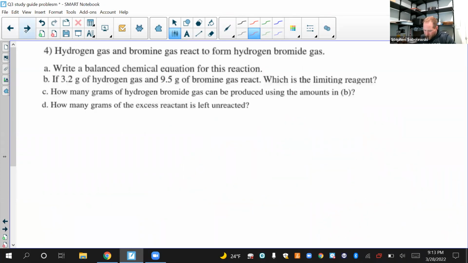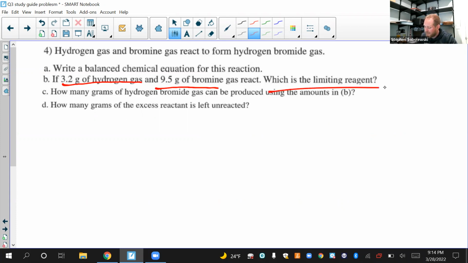Okay. Question 4. Hydrogen gas and bromine react to form hydrogen bromide gas. So we're doing a balanced equation. This is going to be a limiting reactant problem. I can tell because we're given the mass of hydrogen and the mass of bromine. Anytime you're given both amounts of reactants, you have to find the limiting reactant.